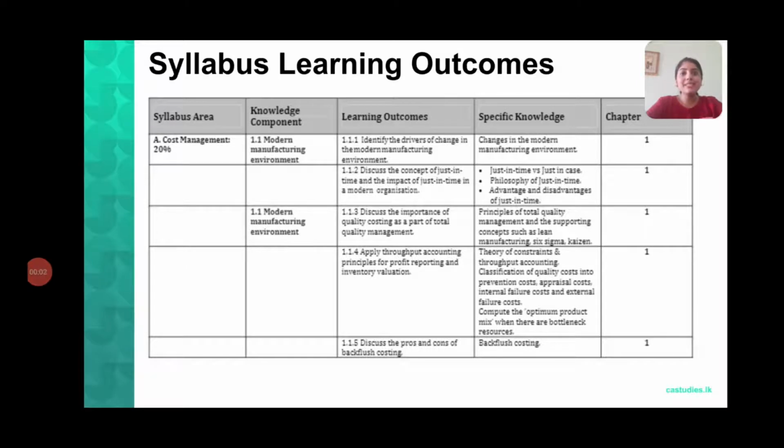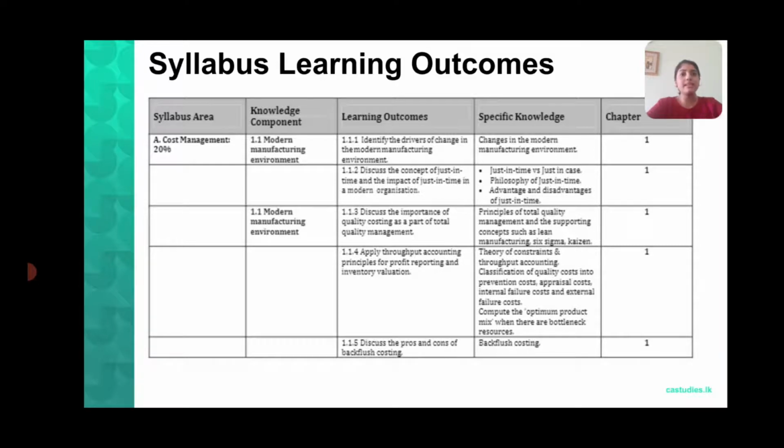Now, let's take a look at the learning outcomes assigned to each section of your syllabus. So, the first section is cost management, which is 20%. So, for that, they've assigned knowledge component 1.1, which is modern manufacturing environment.